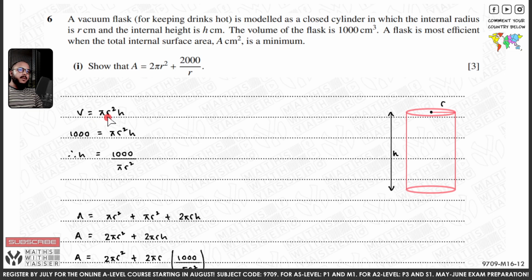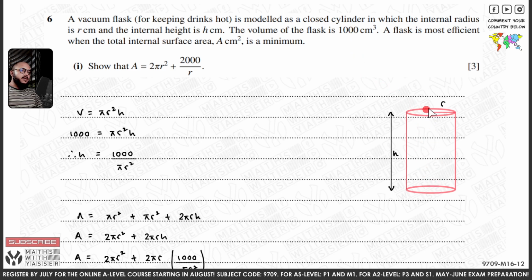Volume of the cylinder will be pi r squared h, and we are provided with the volume, which is 1000. So 1000 is equal to pi r squared h. If we make h the subject, it will be 1000 over pi r squared. Now for the surface area, since it is a closed cylinder, that means it is not hollow, of course.